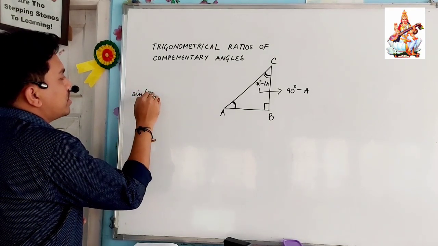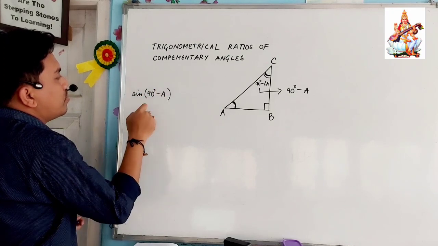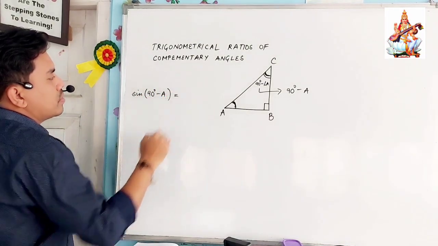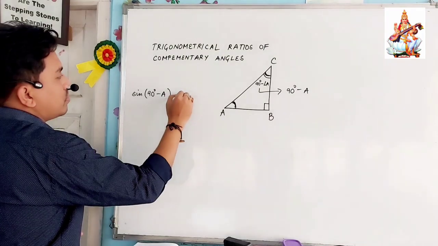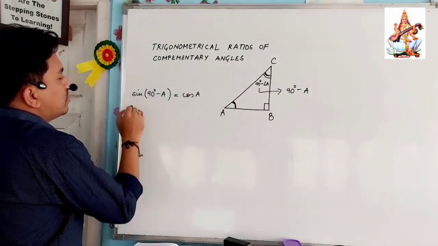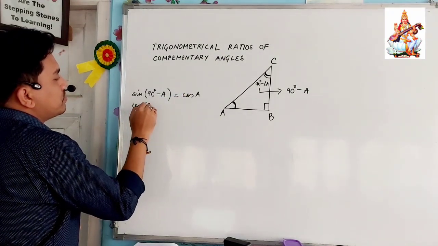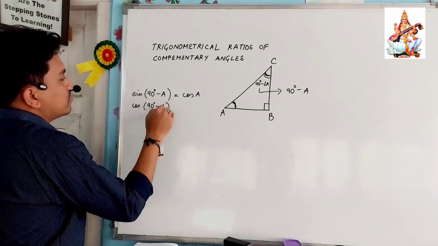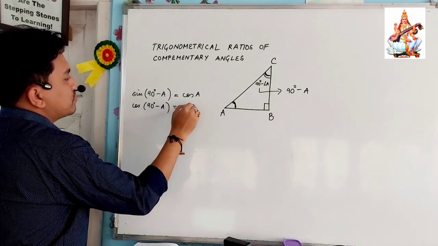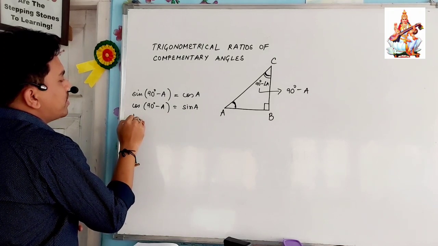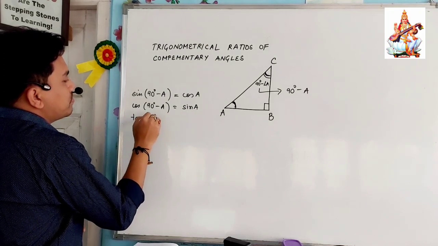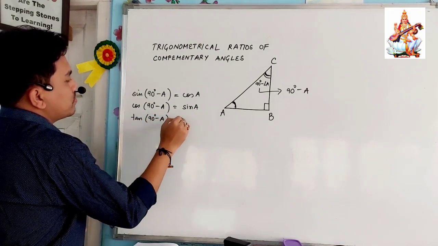Sin 90 minus A. The complementary of sine is cos. The complementary of cos is sine. Complementary of tan is cot.